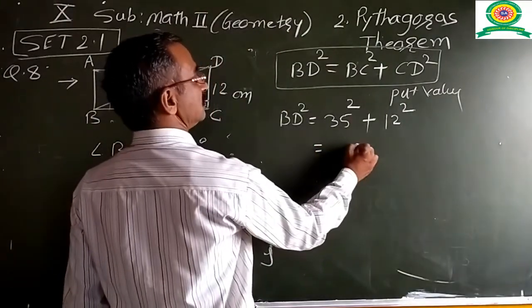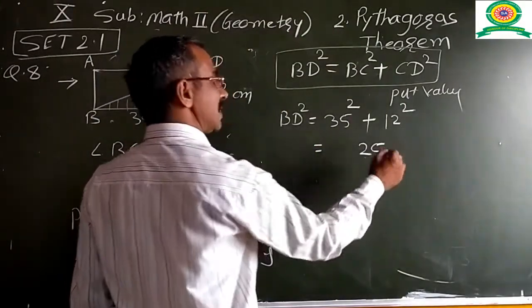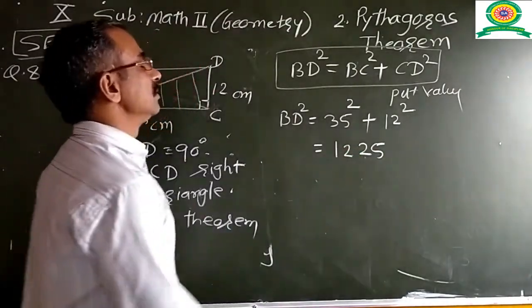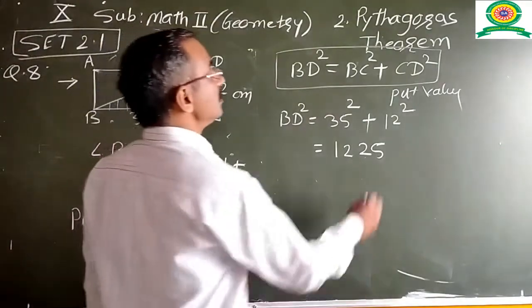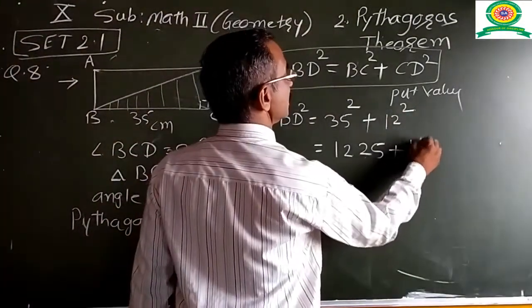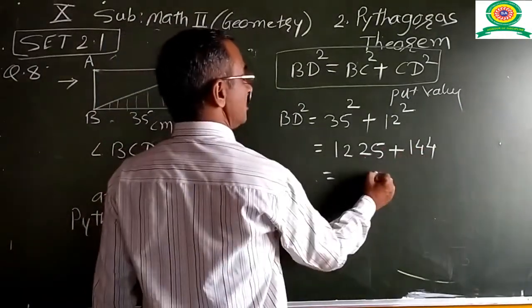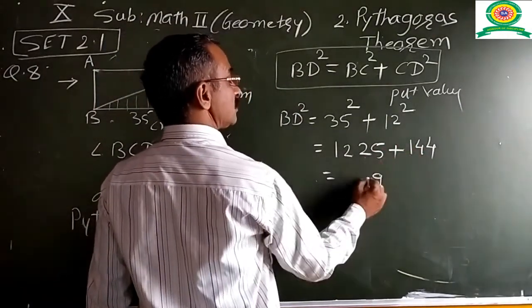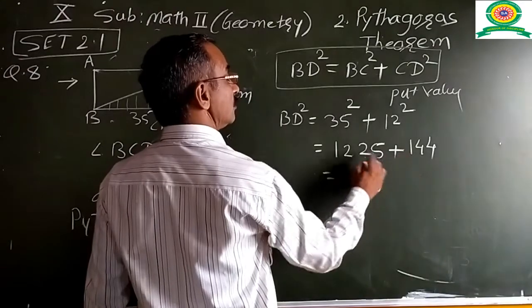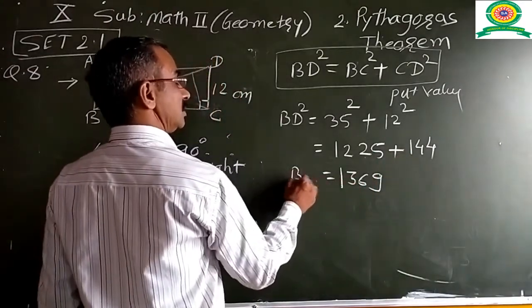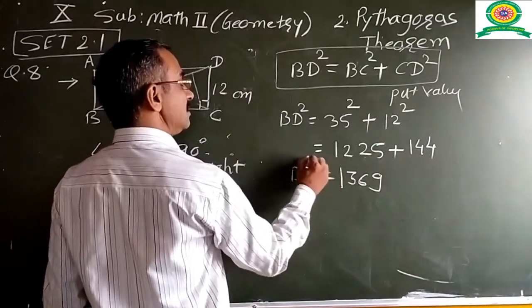35 square. 5 5s are 25. Directly I will take multiplication. It will be 1225 plus 12 square is 144. By summing it, we get 5 plus 4, 9, 4 plus 2, 6, 2 plus 1, 3, and 1369.